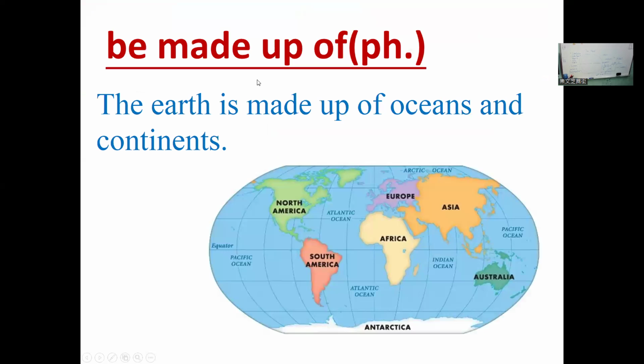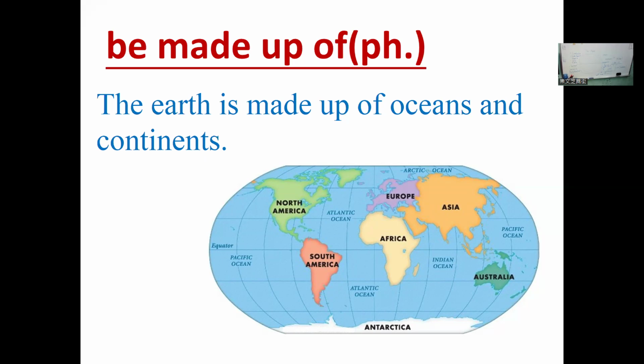Okay, here. So made up of, that is a phrase. Let's use it. The earth is made up of oceans and continents. So what makes the world or the earth as the whole? Oceans and continents. If you make a wooden chair, what will you use? Wood, right?